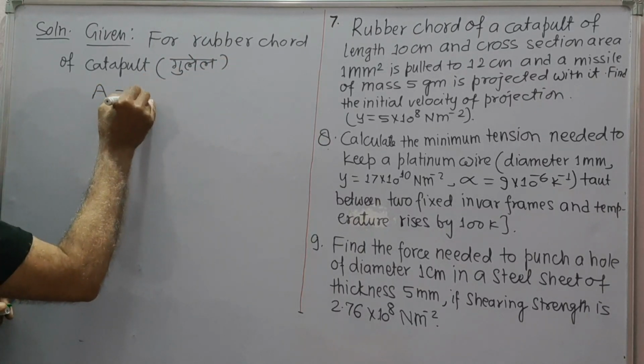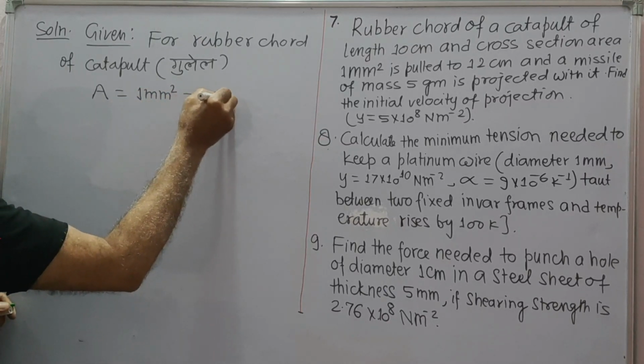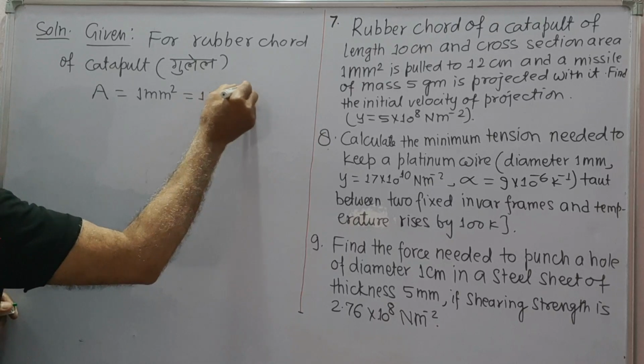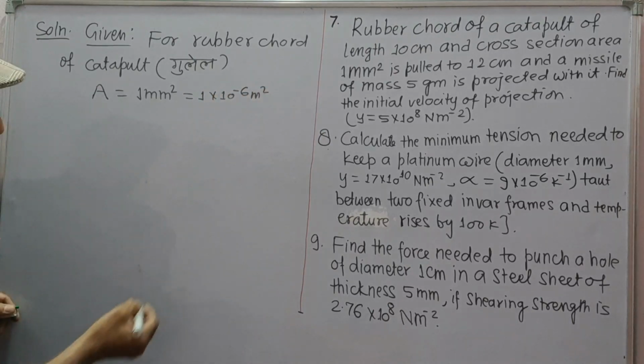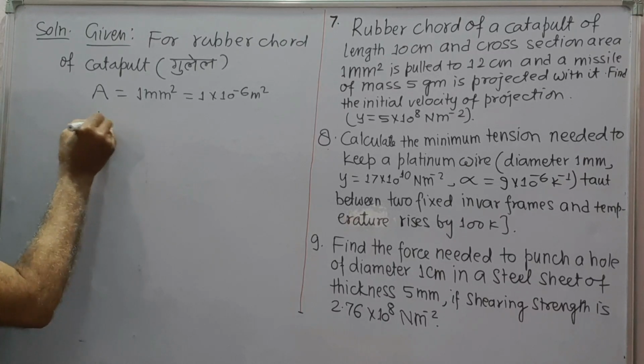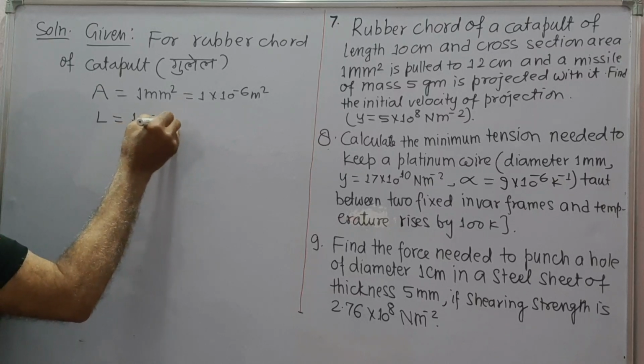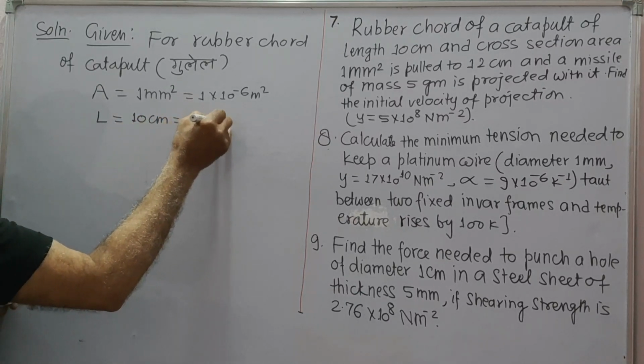Cross section area is 1 millimeter square, which is 1 into 10 to minus 6 meter square. Initial length is 10 cm, means 0.1 meter.